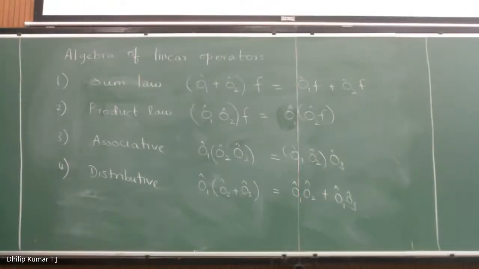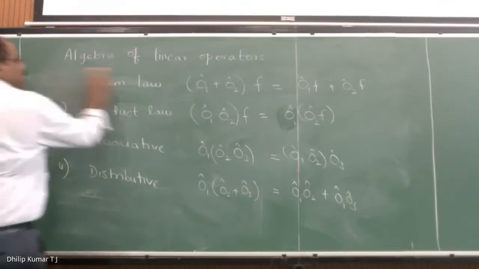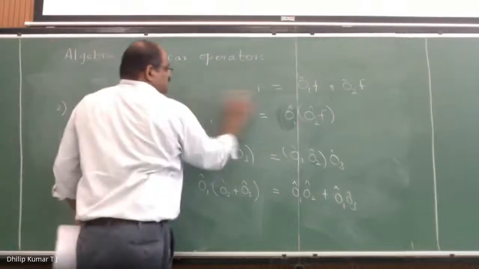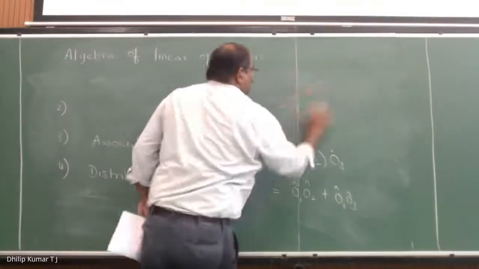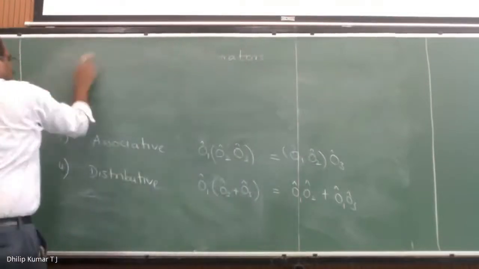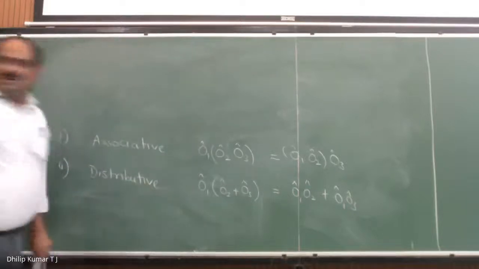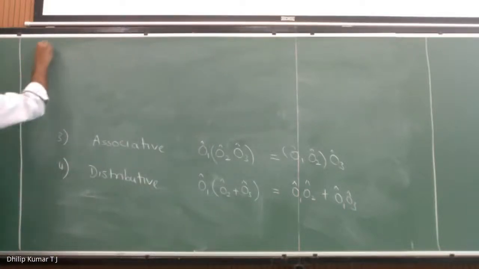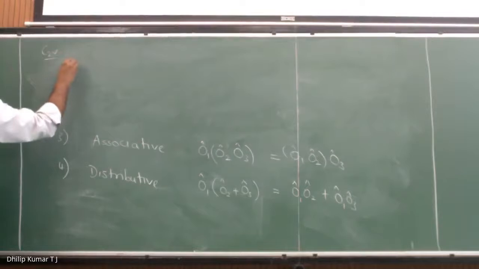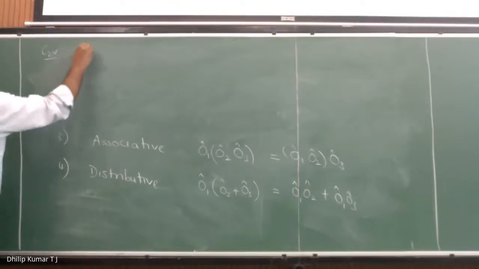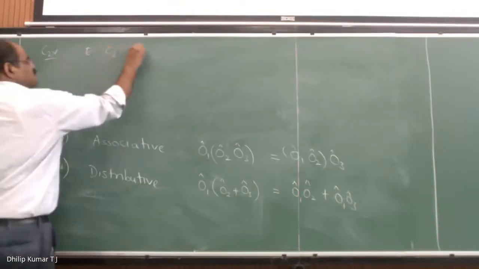For example, take C2v, which we considered. Just take one or two examples, then we go to what is called groups. Say we have C2, sigma v, sigma v prime.